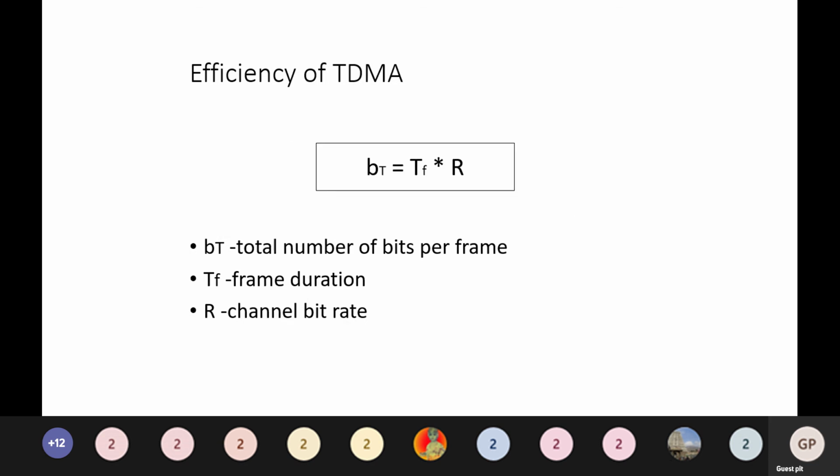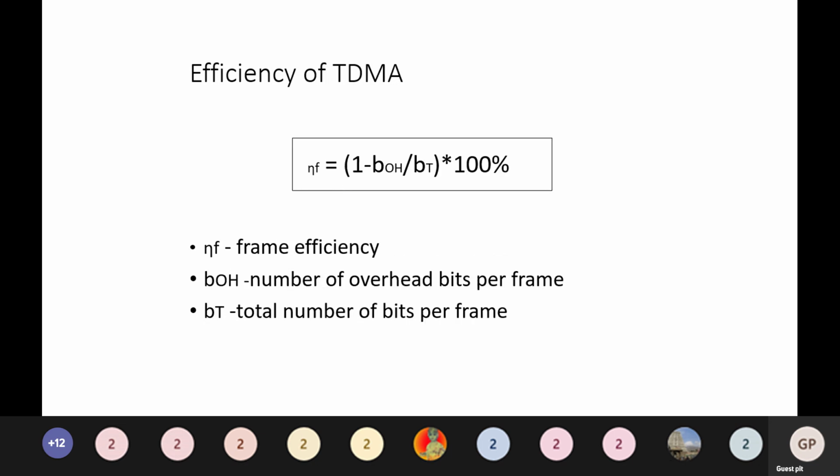Then the efficiency of TDMA. BT is equal to TF into R, where BT is the total number of bits per frame, TF is the frame duration, and R is the channel bit rate. So the frame efficiency eta F is 1 minus BOH by BT, into 100%.